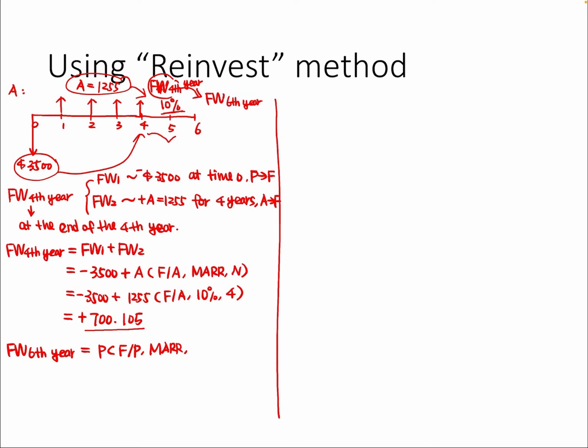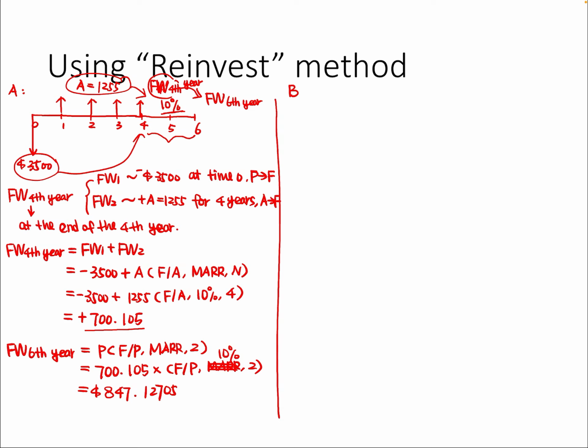But the time, it's just 2 years, okay? So the N is 2. So the P is 700.105 times F slash P, MARR 2. No, it is 10%. So the final result is 847.12705.